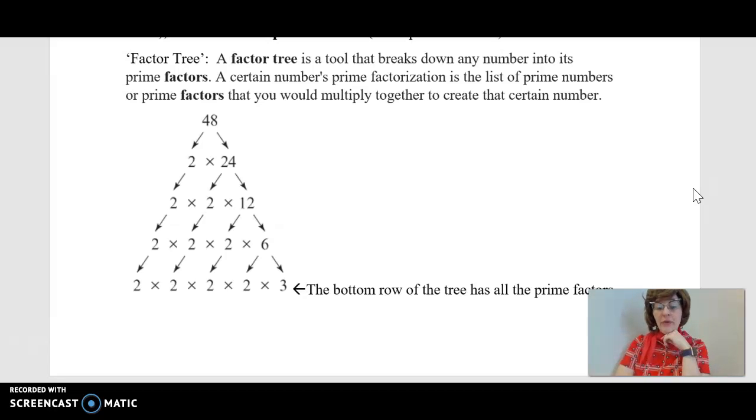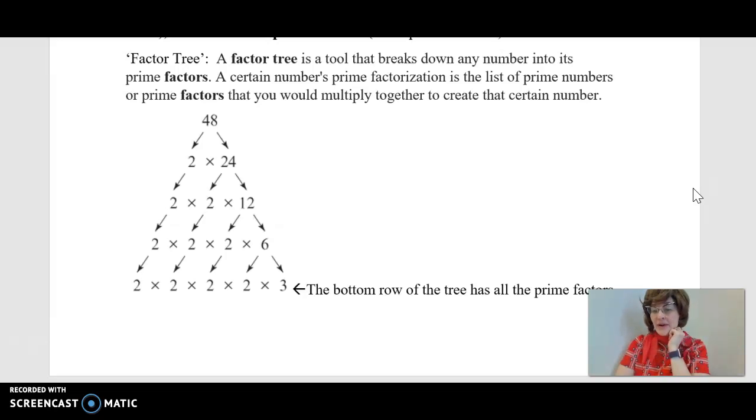So you get the number 48 by taking 2 times 2 times 2 times 2 times 3. 48 is the only number with that specific set of prime factors.